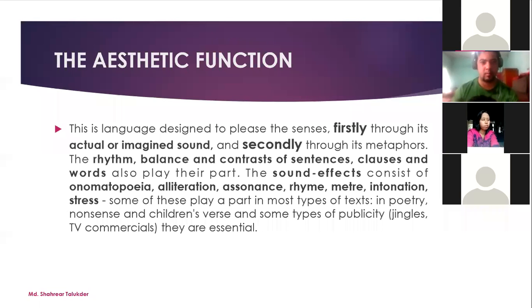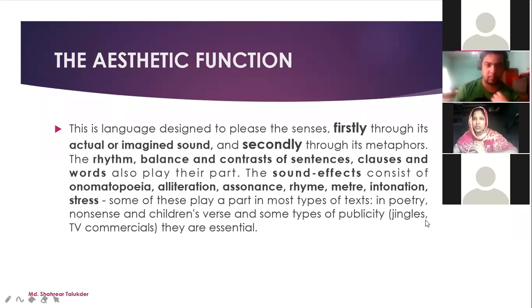So you can see the aesthetic function we can attribute, especially in poetry or in different kinds of literary writings. We use onomatopoeia. Then we have alliteration. What is alliteration? Sir, repetition of consonant.